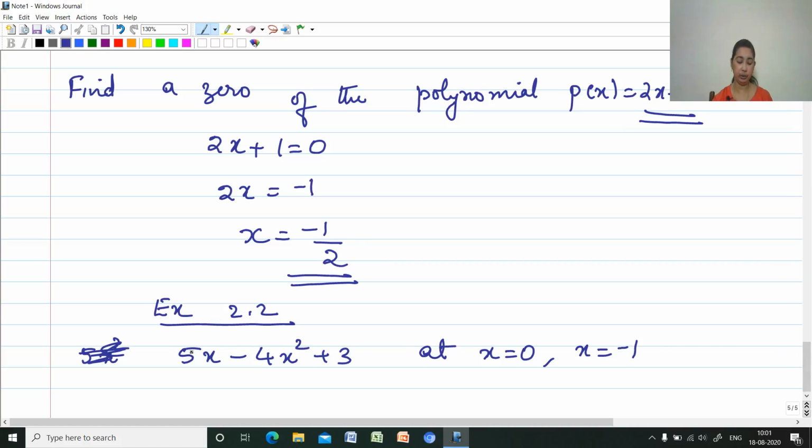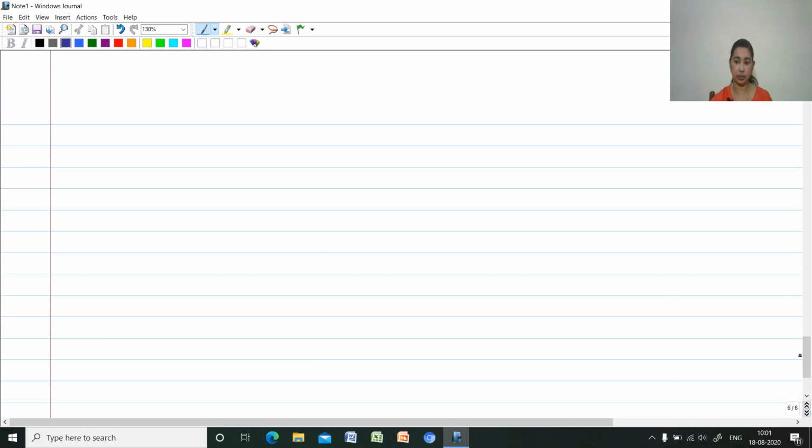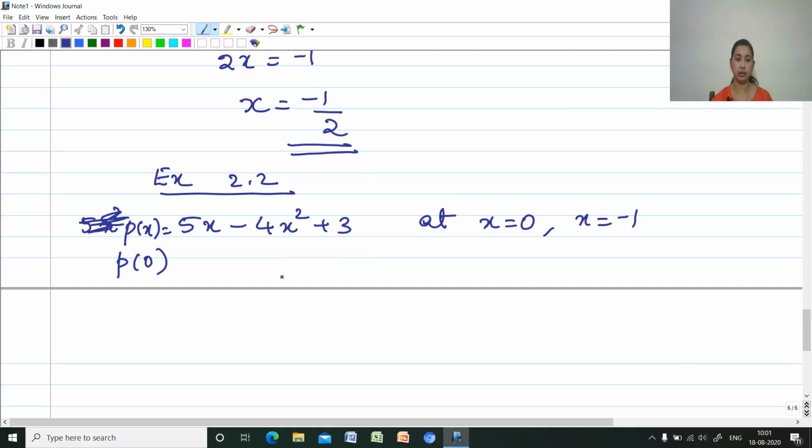So how to find the value of the polynomial? Let this be p of x. At x equal to 0 means I am giving the value for x as 0. So this becomes 5 into 0 minus 4 into 0 square plus 3. The answer you will get is 3.